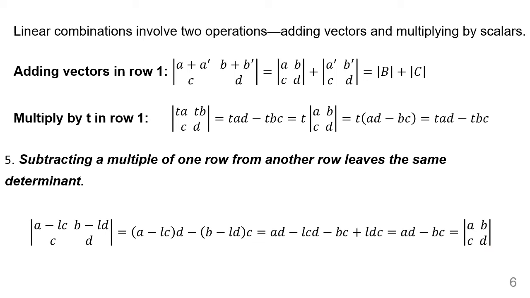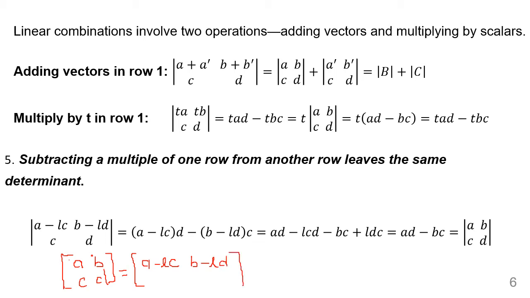Let me explain it in a better way. We will take a matrix here. Let the matrix be a, b, c, d. Now we will do some modification, row reduction, row modification. a minus l into c, b minus l into d.